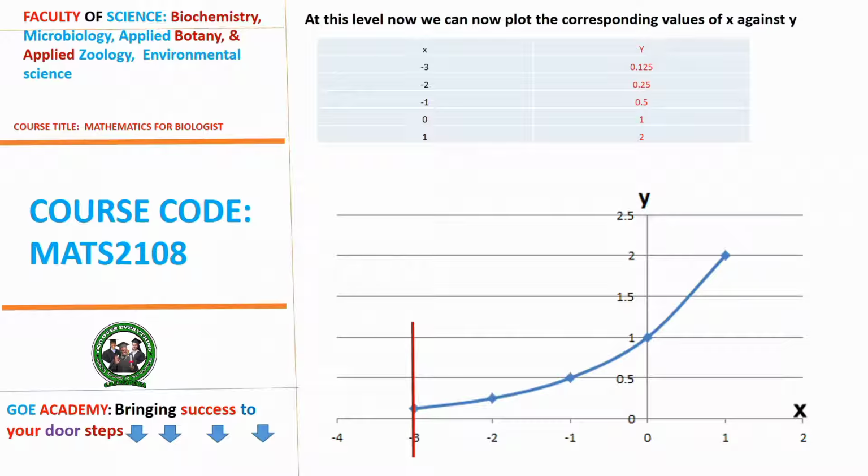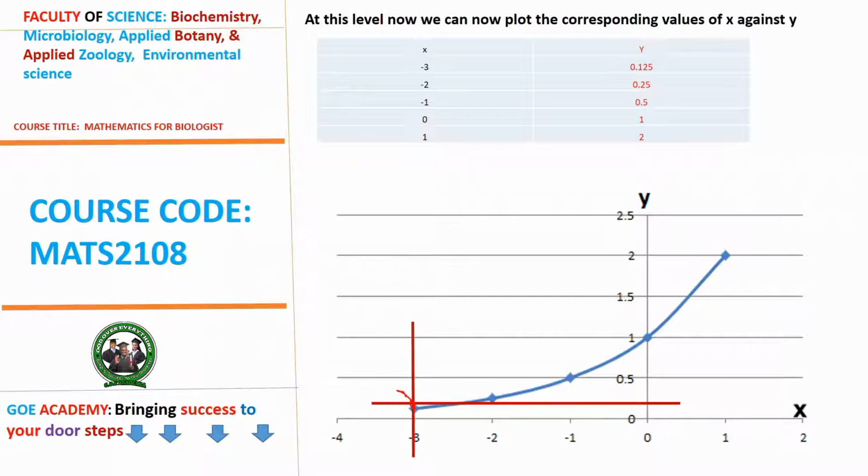Observe there's no 0.125 marked, but you have to extrapolate. If you extrapolate perfectly well, you see that that will be the position of 0.125. And observe that those first lines meet at a certain point here. That's why I have my point here. That's my first point.